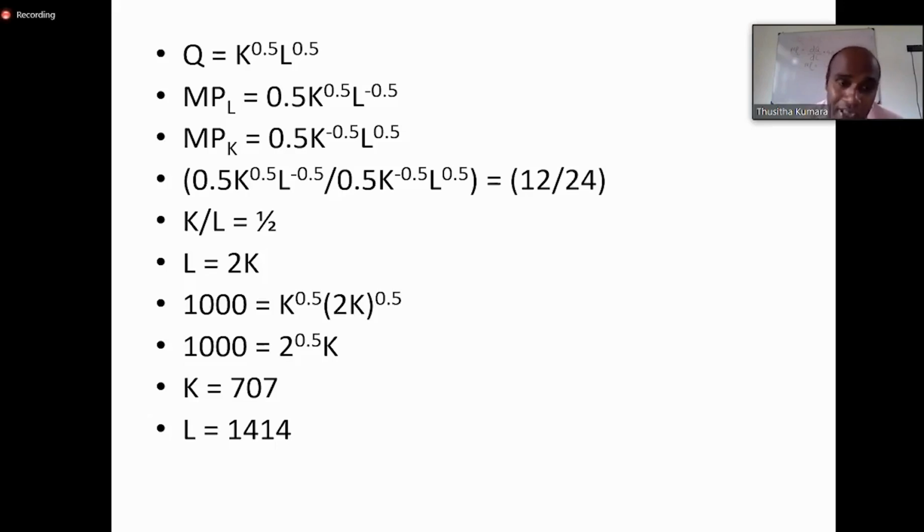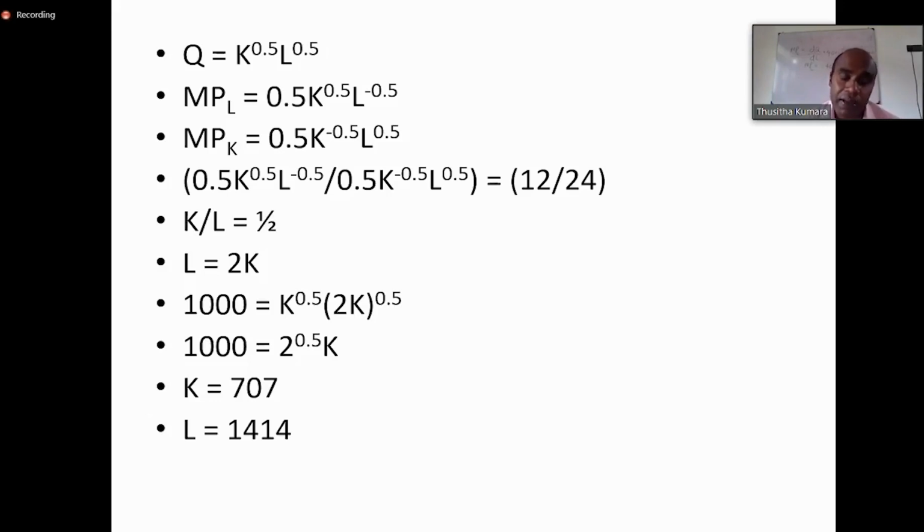When we mix 1L, we need to mix 1K, we need to mix 2L with 2K. Simply, if K equal to 1, we need 2L. And if K equal to 2, we need 4L.